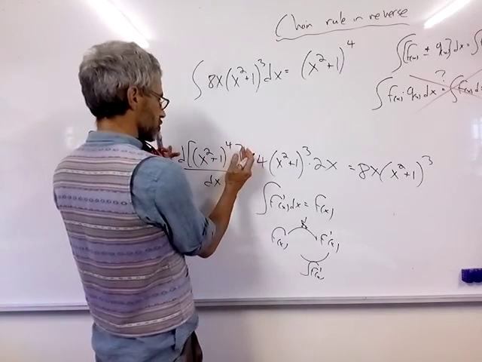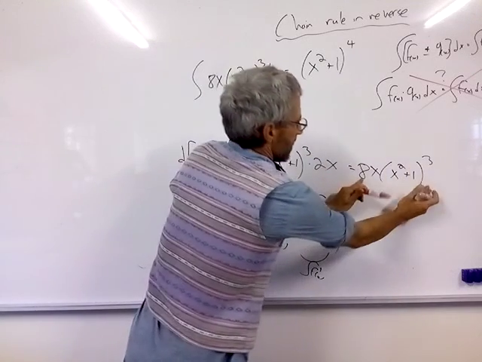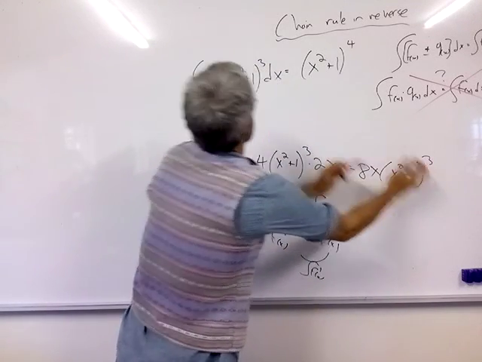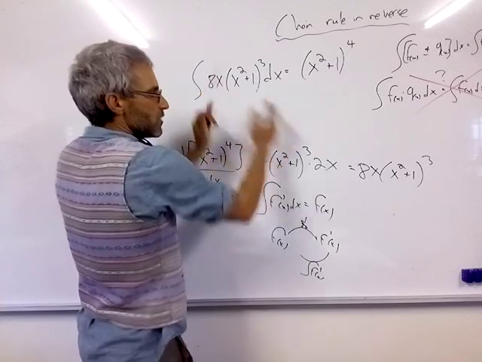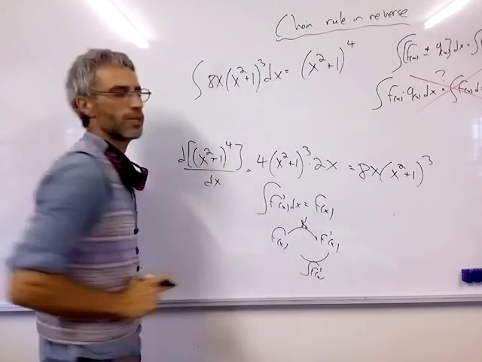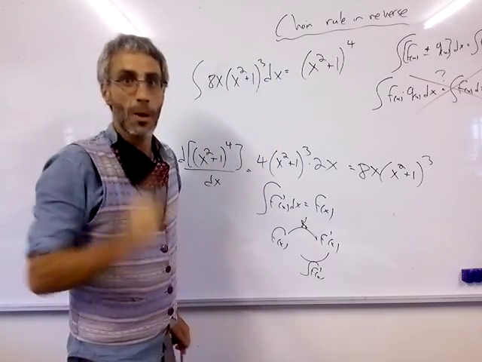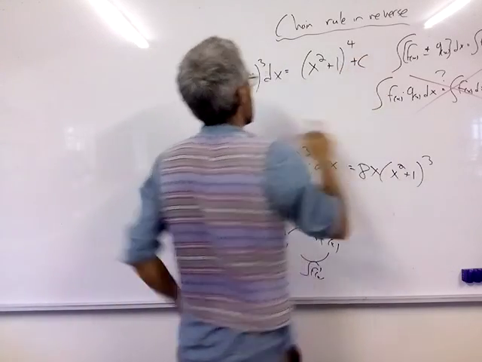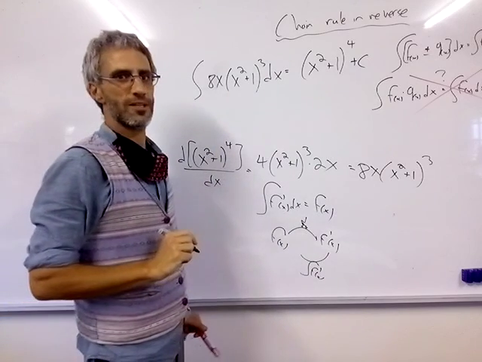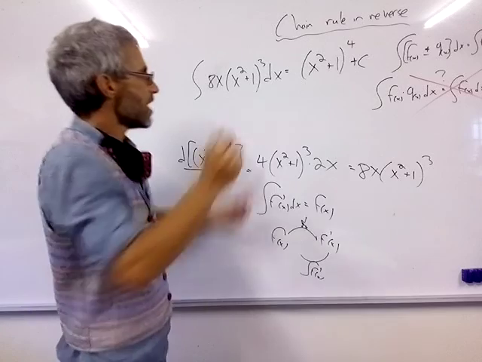I found a function that, if I differentiate it, I get that, which is exactly the same as what I've got here. That means if I integrate this function, I'm going to get this function. So the answer is this, plus c, because we always have a constant of integration.